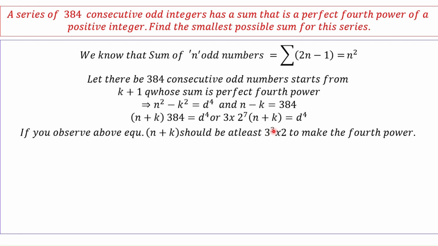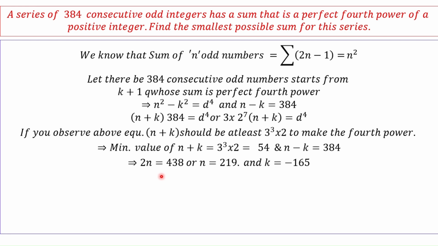So 3 to the power of 3 into 2, this is the minimum value of n plus k. So n plus k equals 54 and n minus k is 384. If you solve these two, we get n equal to 219 and k equal to minus 165.